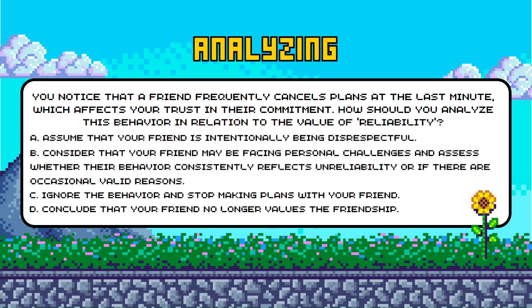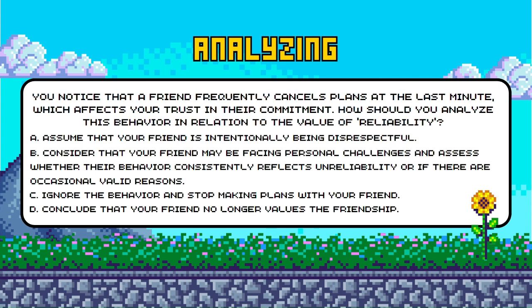So next, we have analyzing. Analyzing requires students to break down information into parts and examine how these parts relate to each other. It involves a deeper level of understanding, as students have to identify patterns, relationships, and structures. For the question: you notice that a friend frequently cancels plans at the last minute, affecting your trust in their commitment.